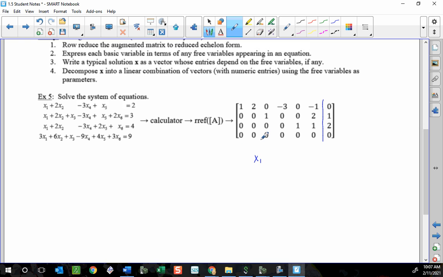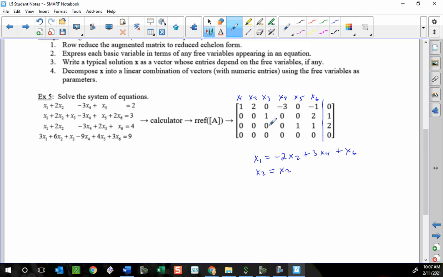So x1 right here would equal, so remember x1, x2, x3. All right, here we go. So I got negative 2, I'll move that over. So negative 2x2 plus 3x4, and plus x6, no number. x2 is free, so x2 is x2.